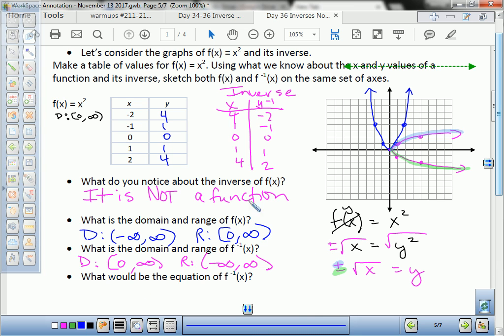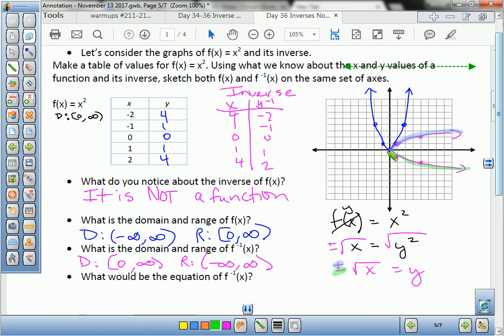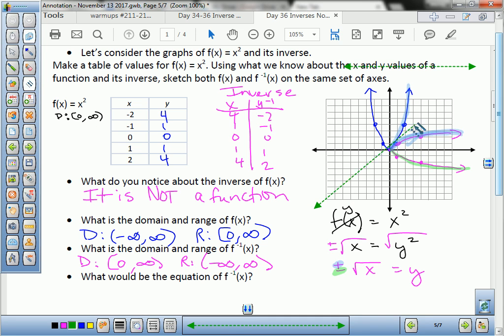Well, if I only look at the right side, when I do the inverse, the inverse of the right side is this part. Does that look like it's been reflected over the line y equals x? Yeah. Or I could also restrict it to where the domain is just the left side and have a function.